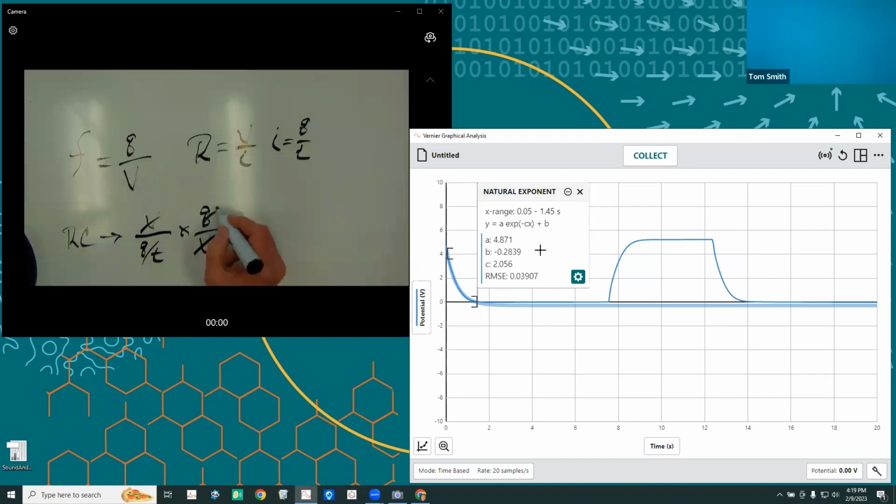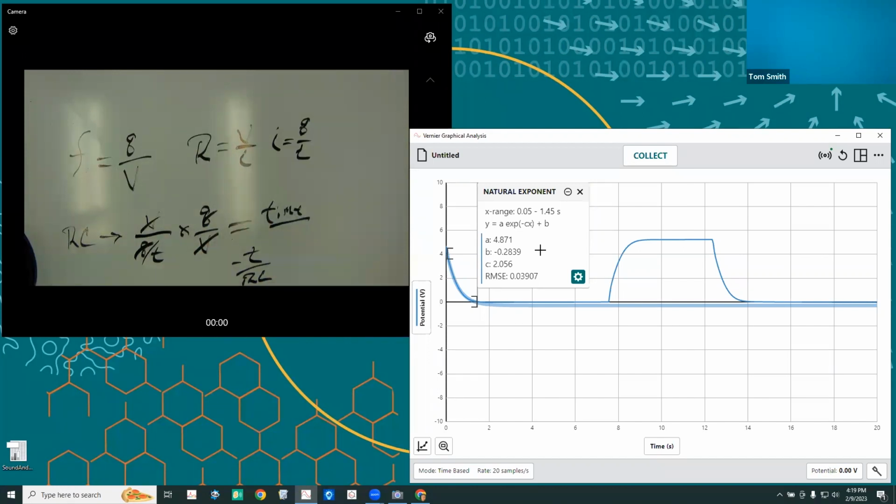And our units cancel out, so this gives us units of time as a time constant. And in that equation where we have -t over RC, that becomes a unitless quantity. So that all works out.